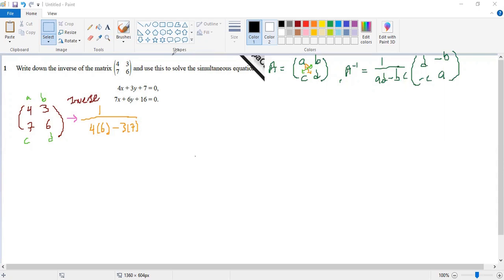And then in the bracket, we switch the two places, so 6, 4, negative 3, and negative 7. When we simplify this, please take note, 24 minus 21, you can use a calculator, is 3, and then this is 6, negative 3, negative 7, and 4. We can leave it like this first as the inverse matrix.